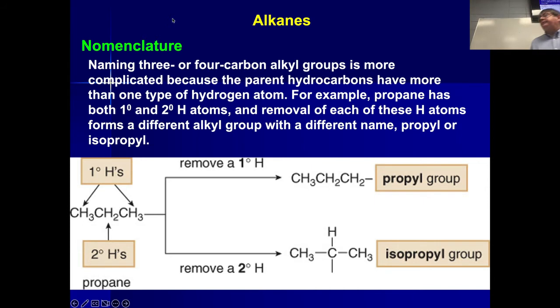So, again, thinking about how we can name the alkyl group. Imagine you've got 3 carbons, right? We've got primary hydrogens and we've got secondary hydrogens. If we remove one of the primary hydrogens and attach that carbon to the longest chain, we would have a propyl group. But what if I remove one of these secondary hydrogens and attach it to the longest chain?